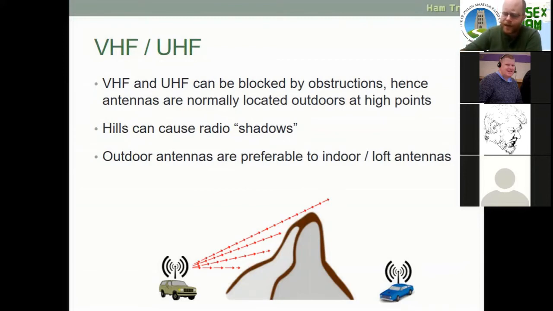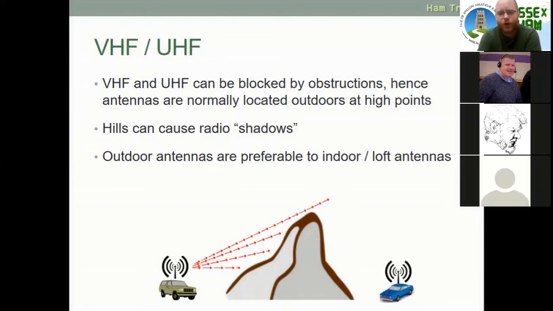My current antenna is on a pole in the garden, but where I lived previously, it used to be in my loft. And actually, I did a lot better there than what I am here, but I was a lot higher up.